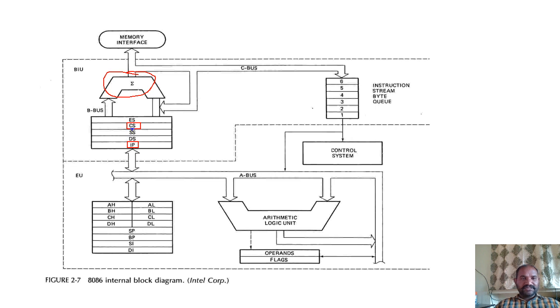This CS value is given as one of the inputs to the summation. So here it is performing the calculation, which is nothing but base address into 10H plus offset address. That is the formula to calculate the 20-bit physical address.